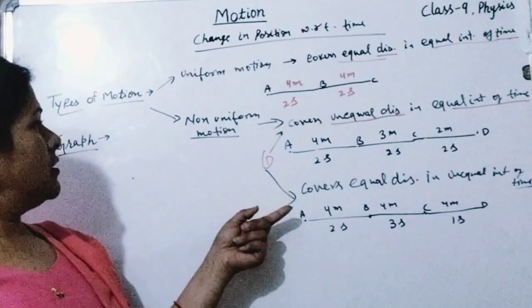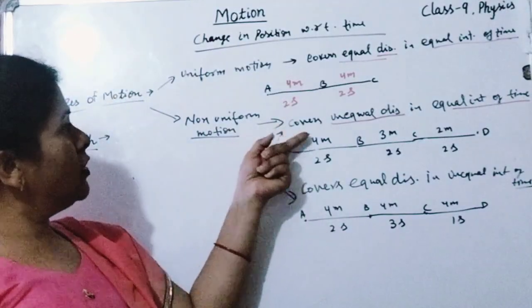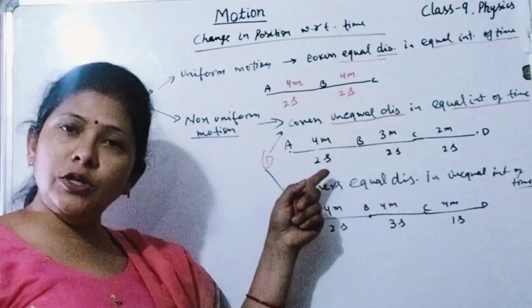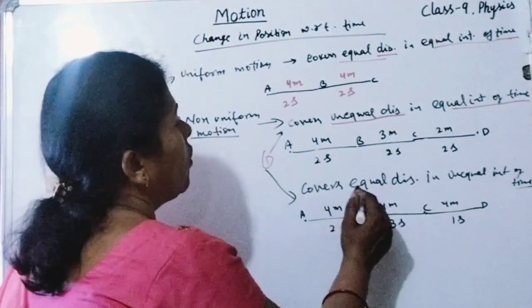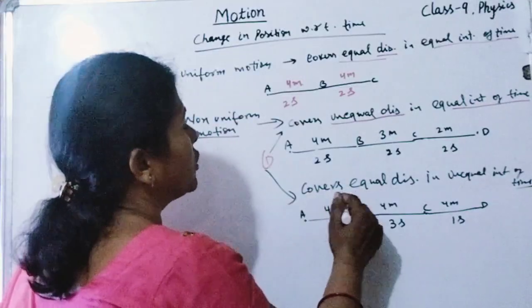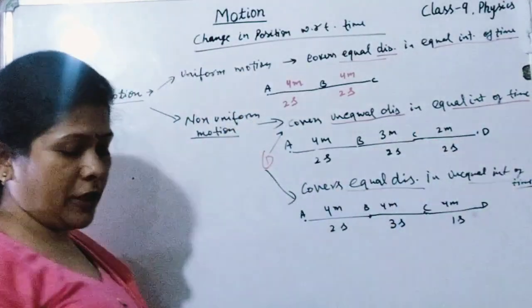So you can write the definition of non-uniform motion in both ways: when an object covers unequal distance in equal interval of time, or when it covers equal distance in unequal interval of time.